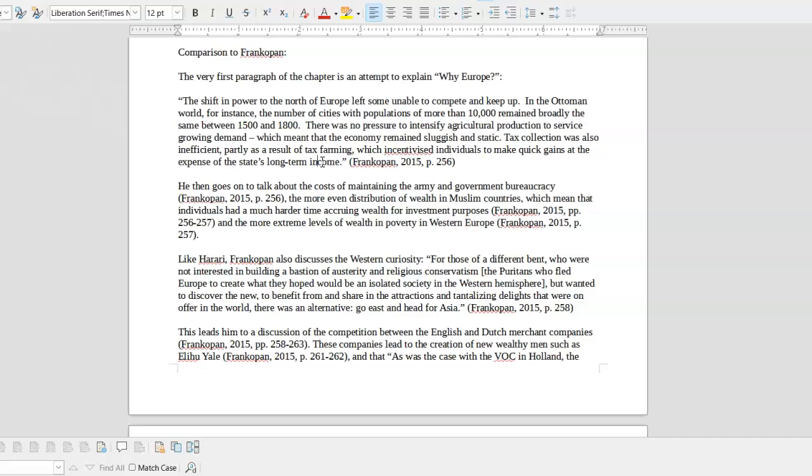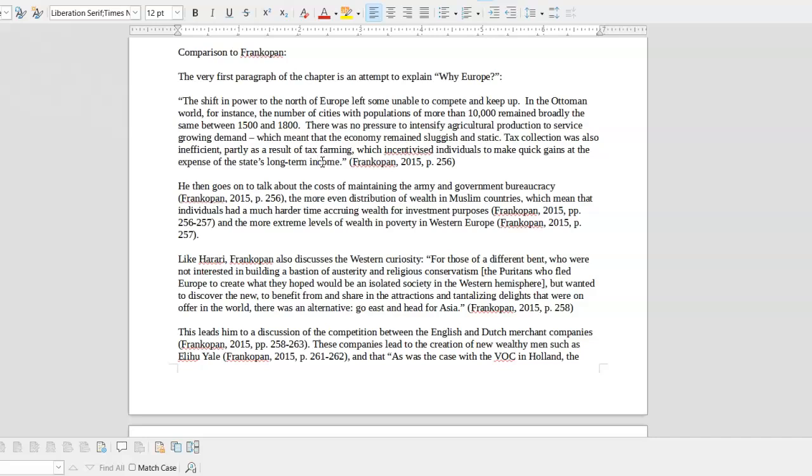Frankopan then goes on to talk about the cost of maintaining the army and government bureaucracy, the more even wealth distribution in Muslim countries, where because of the nature of the religion itself, it was virtually impossible for one individual to accrue the extreme levels of wealth necessary to have money to invest, or for there to be the idea of investment companies.